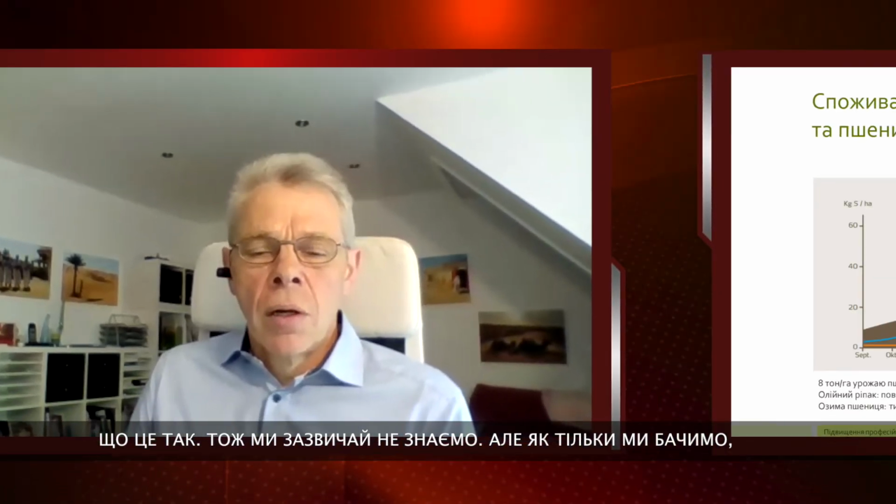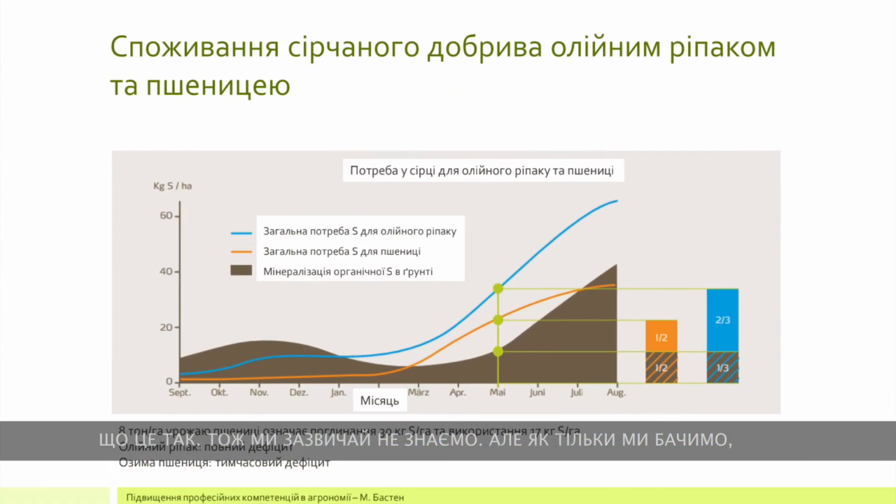For wheat, normally not. But as soon as the intensive uptake starts in spring, we have a gap between what the soil can deliver and what the crop needs. And this gap, of course, is bigger for a demanding crop like oilseed rape compared to wheat crop.